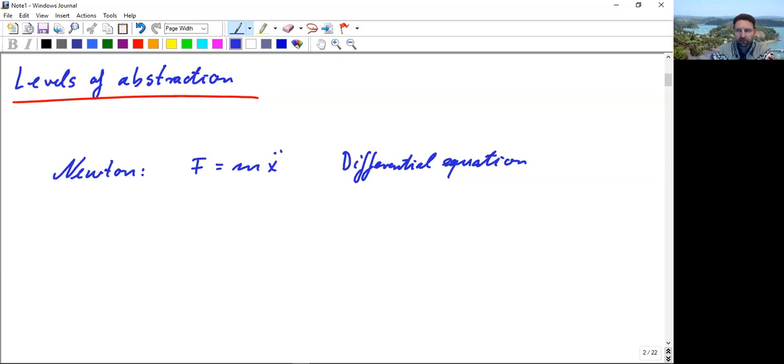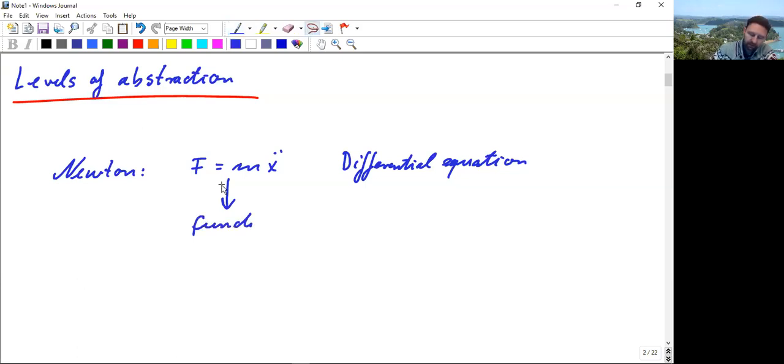You look at the situation that you want to describe, and then you use Newton's laws, all of them, including the gravitational law, F equal ma, and action is equal to back reaction up to a sign. You get differential equations. They are at a pretty high level of abstraction in the following sense.